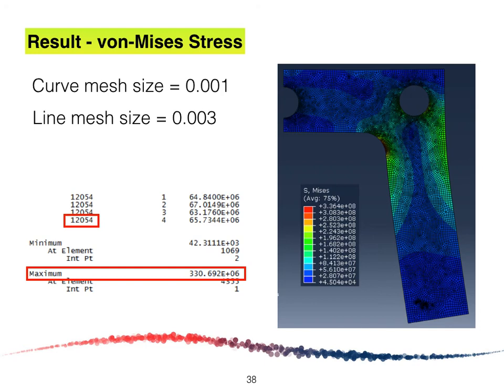Why do we need to do so using different meshes? This is because we need to perform a convergence test. In this case, I have done at least 5 different meshes, but I realized that the solution is not converged yet. Therefore, I'm going to choose another smaller mesh size.